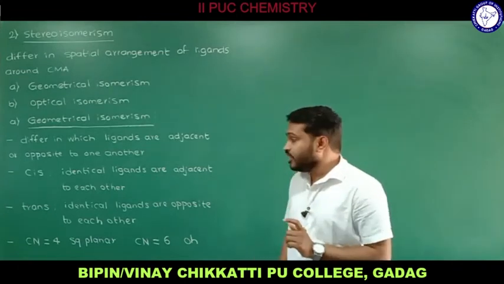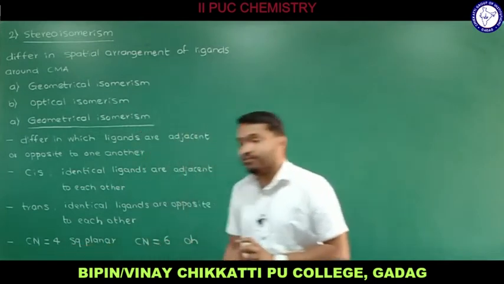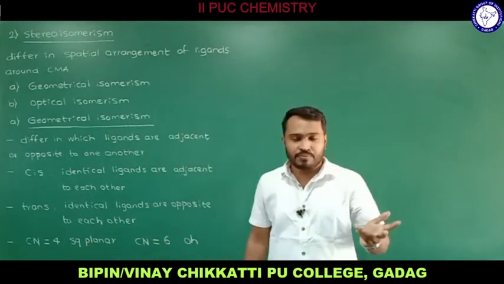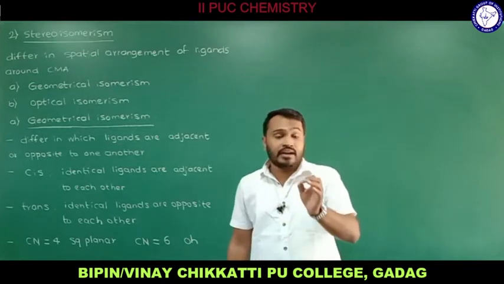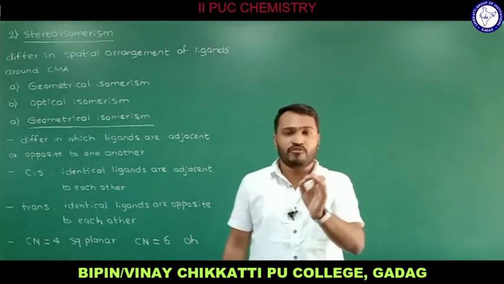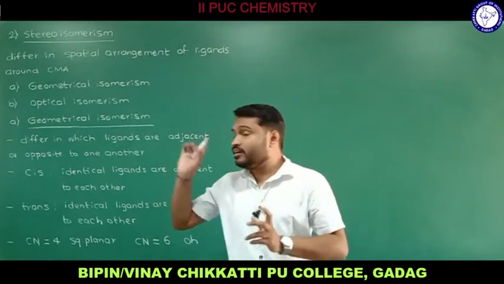As I said, if the coordination number is 4, two geometries are possible: square planar and tetrahedral. Tetrahedral geometry with coordination number 4 does not show geometrical isomerism.